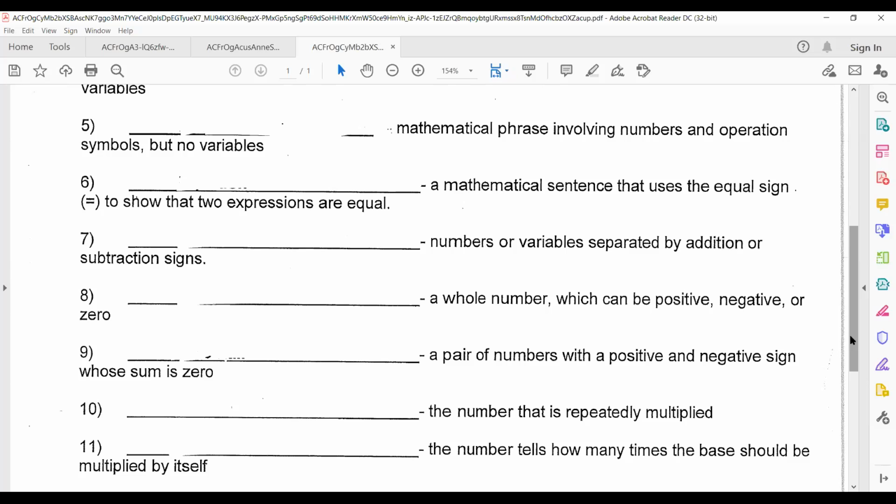So number 7, we already talked about this one. Oh, no, I'm sorry, I'm getting ahead of myself. Six is the numerical expression.